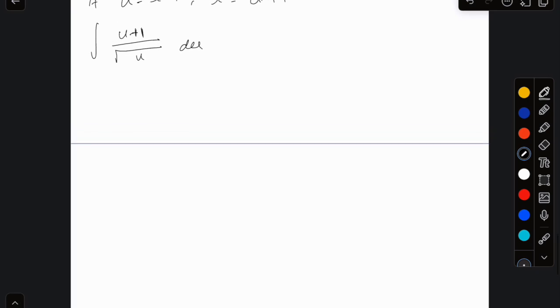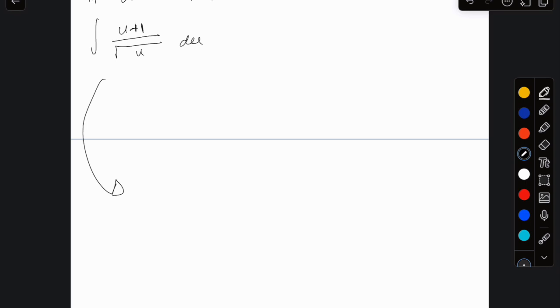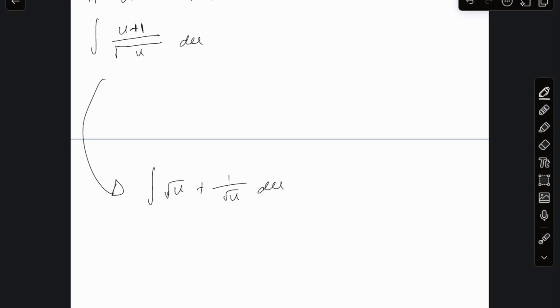The next phase is to look into this a bit more. So we can say we've got the integral of the, we can convert this, right? We can say that's the same thing as saying the integral of square root of u plus 1 over root u du.